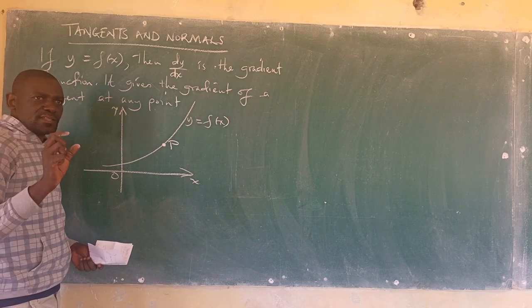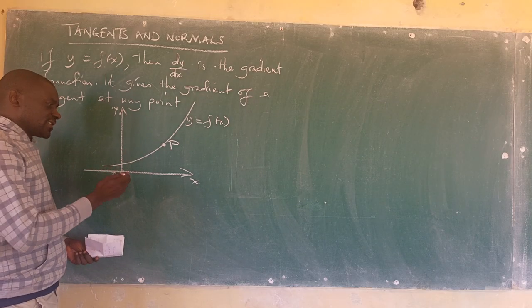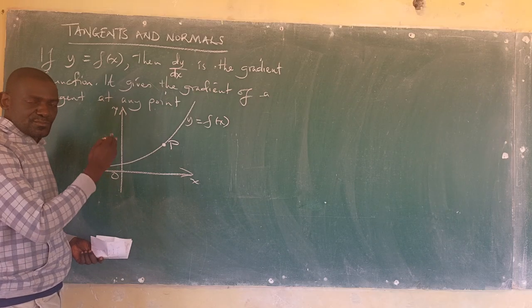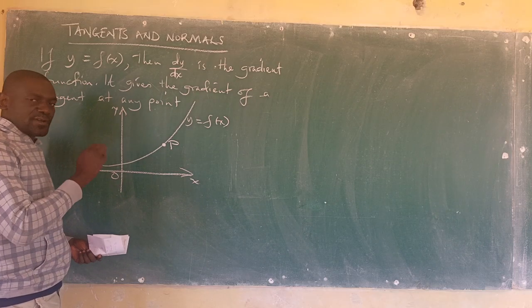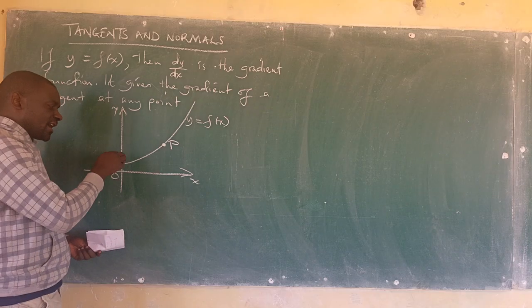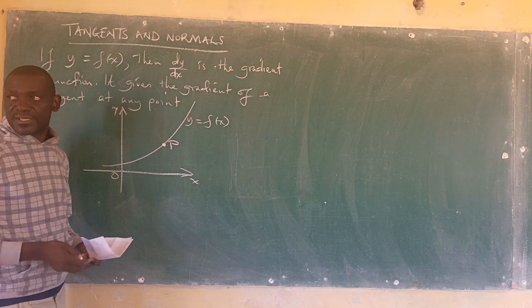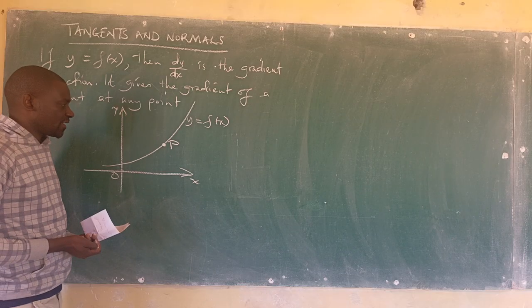Meaning, using that function, all you do is slot in the x value. Wherever there is x, you push in the x, then you find the exact gradient at that particular point. So gradient is simply the steepness of a curve.